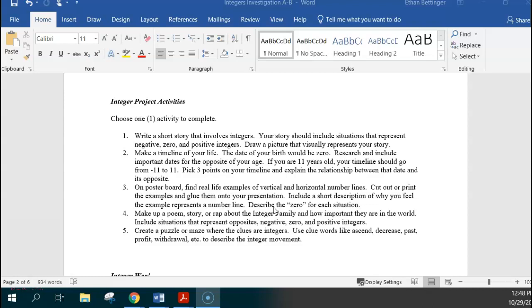Number 4, and I highly encourage this one because it's fun. Okay? And that's make a poem, a story, or a rap. Okay? To do those, you have to type them up. Give me a hard copy or a document shared with me. Okay? And then I highly, highly, highly encourage you to rap it if you rap it.